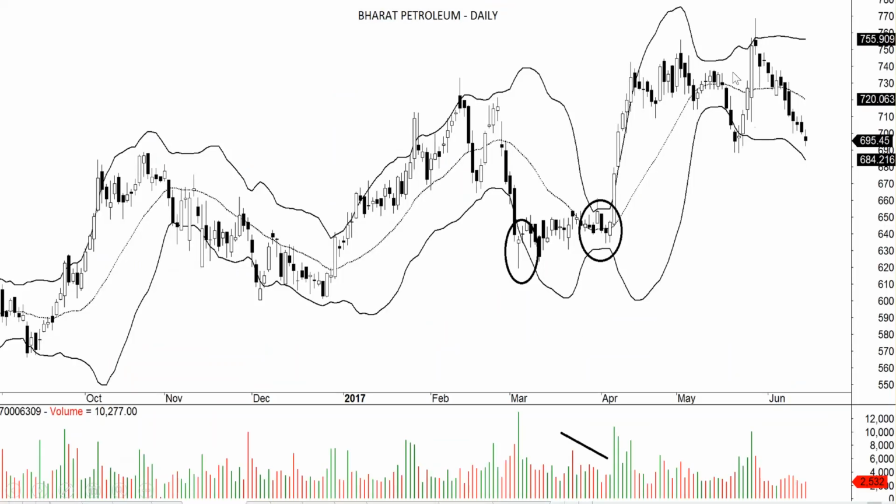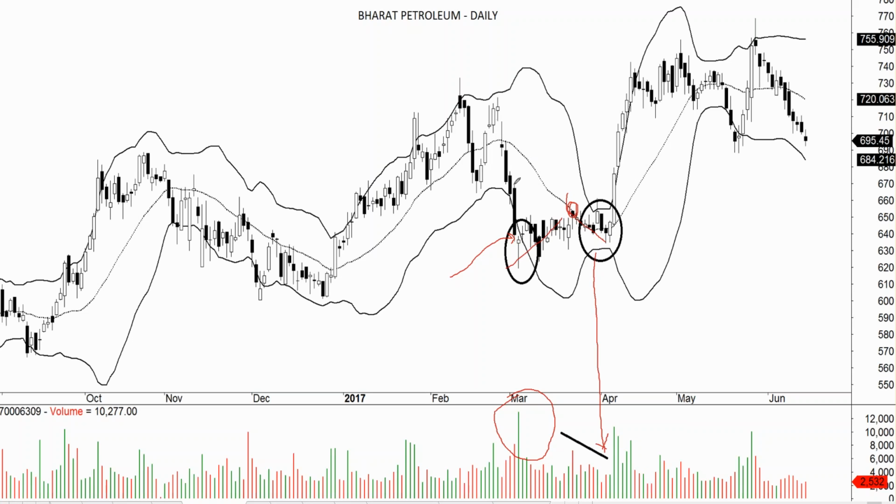All right. So here you see, this is the Bharat Petroleum daily chart. The price comes down and closes outside the band, and you see the volumes here. It goes up, takes resistance at the middle point, comes down and closes inside the band, and you see the volumes here.